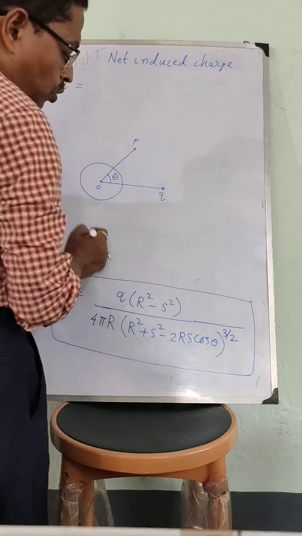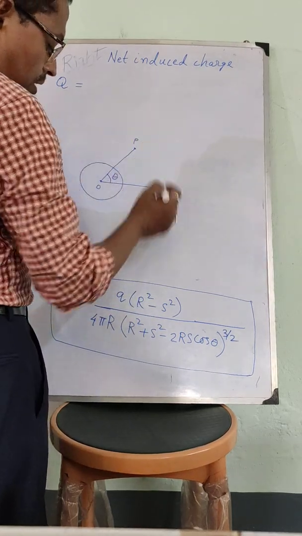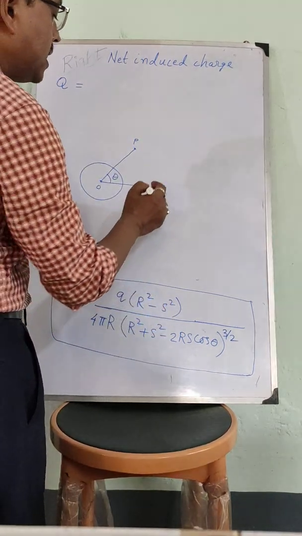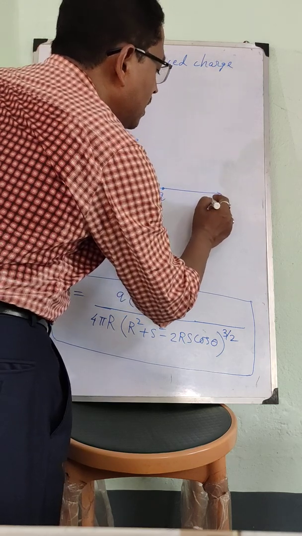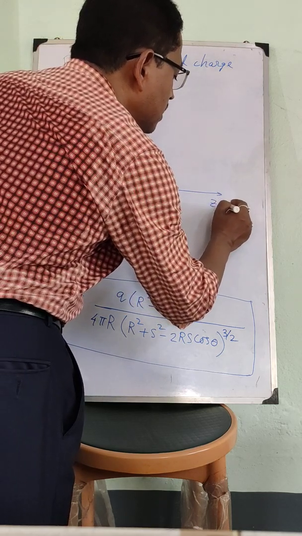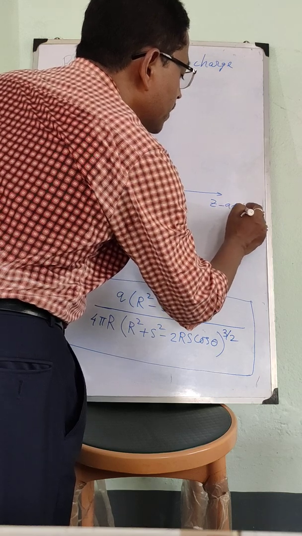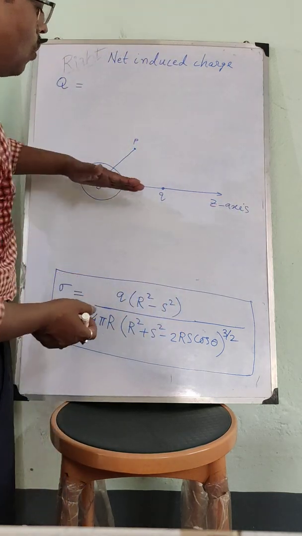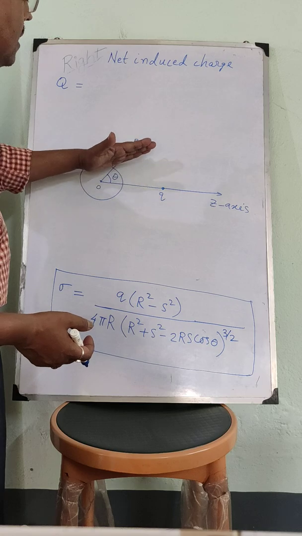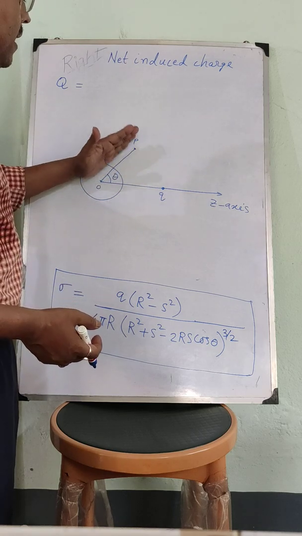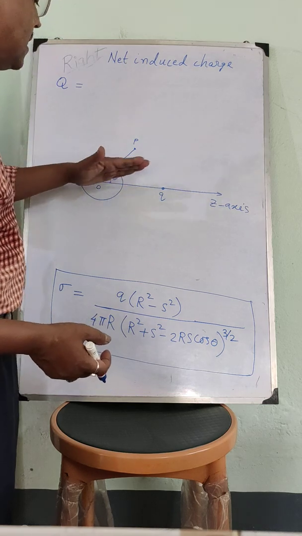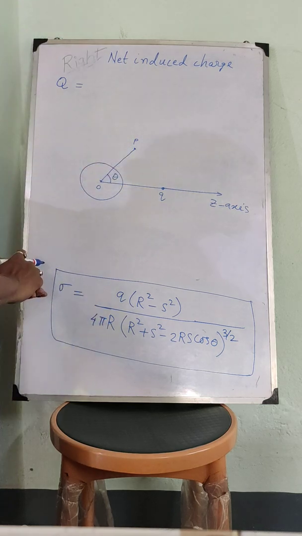To calculate the net induced charge, I will take this direction to be the z-axis direction. With this, theta is increasing in this fashion, so I am measuring theta with respect to the positive z-axis. This is our convention.